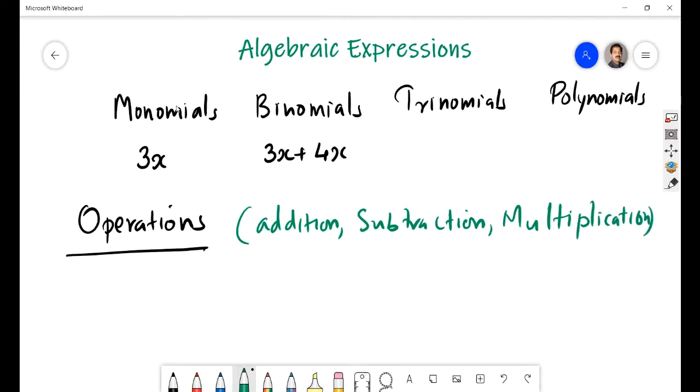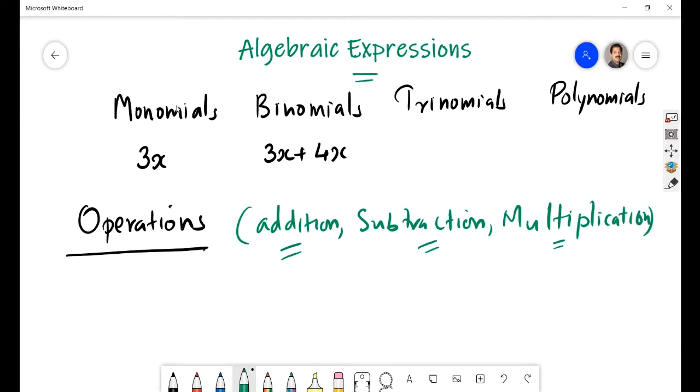But for the time being, in this particular chapter, you will be learning about addition, subtraction, and multiplication only. So what are the conditions and methods of addition of algebraic expressions?